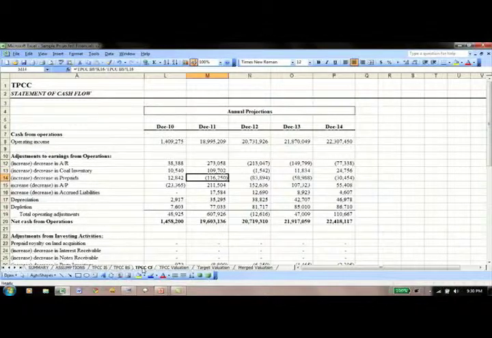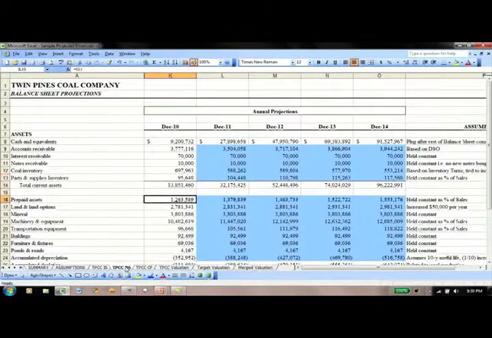Now, the next line is increase or decrease in prepaids. This refers us again to the balance sheet, K16 minus L16. The prepaid asset was essentially money that TPCC had forked out for certain services and goods that it wanted.